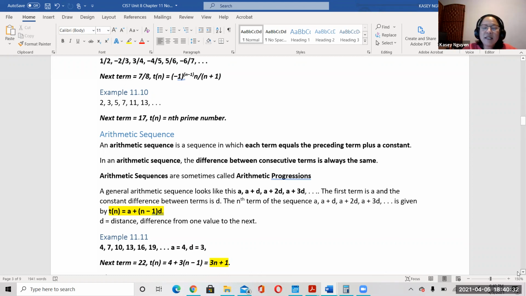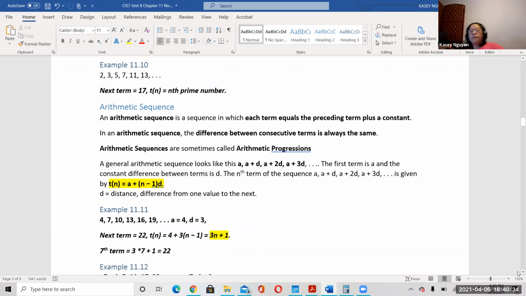Looking at this example on page 3, we have 4, 7, 10, 13, 16, 19. Here it gives you a, but when you look at the sequence, what's a? a is 4, the first element.